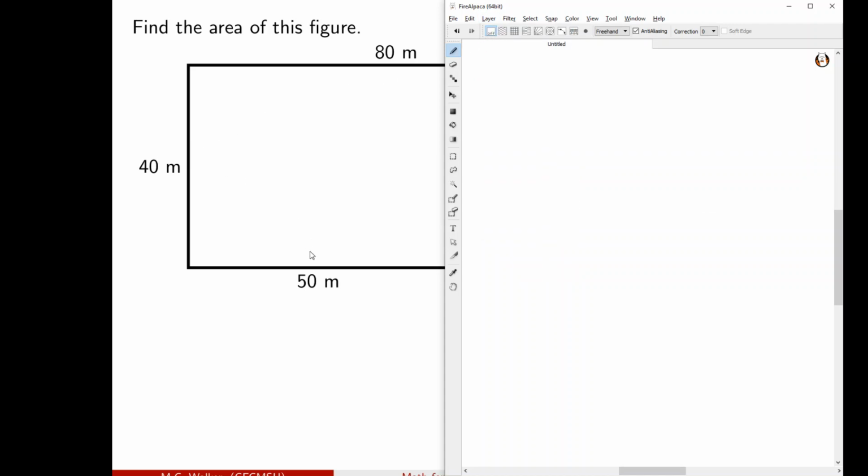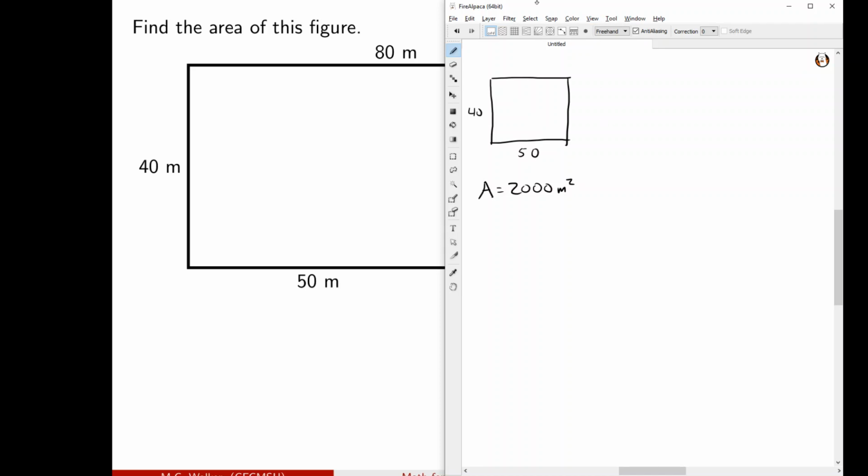We've got this 40 by 50 rectangle, and its area is 4 times 5 is 20, with 2 zeros on the end.